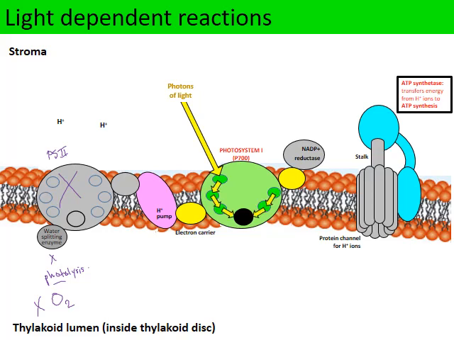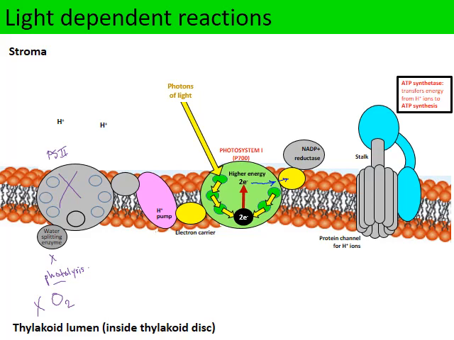From these 2 chlorophyll A's, the 2 electrons are excited to a higher energy level, and they get released from photosystem 1. They get picked up by the second electron acceptor in yellow here, but this time the electrons are not passed to the enzyme that will reduce NADP.